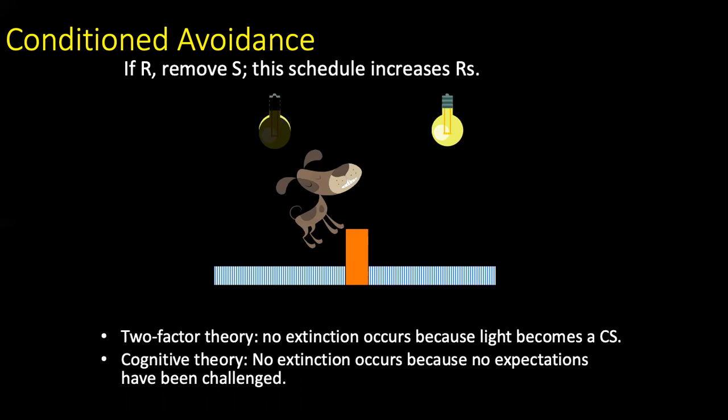And every time they jump, they don't experience the shock. So there's no reason to update their schema at that point. There's no reason to update how they're thinking about the situation, right? So these are how people have tried to explain why we don't see that behavior go away. It lasts, like I said, relatively indefinitely when people have tracked this kind of behavior out long after the training has actually occurred.